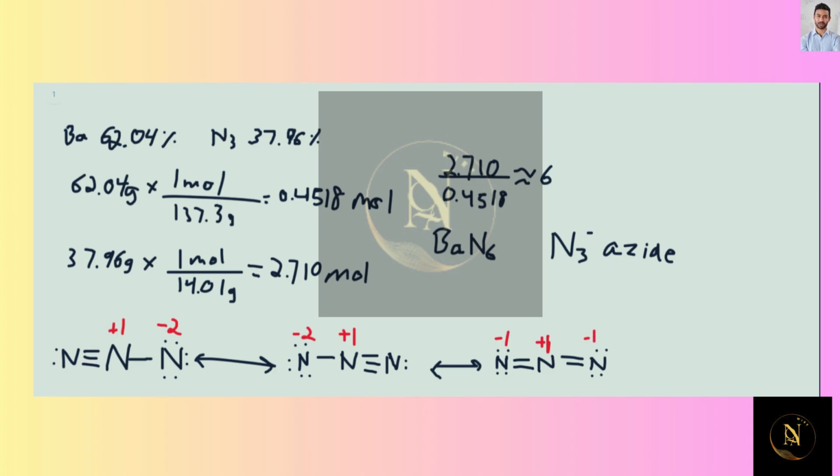Now for part C, which structure is going to be the most important? The one that's going to be the most important is the one that minimizes the charge, or rather spreads it out.